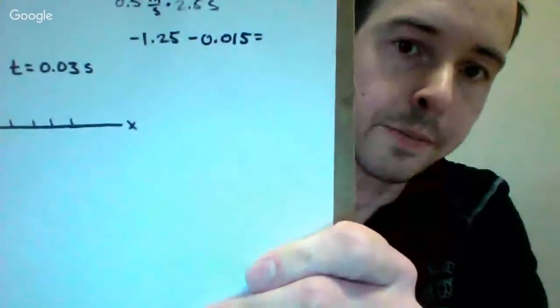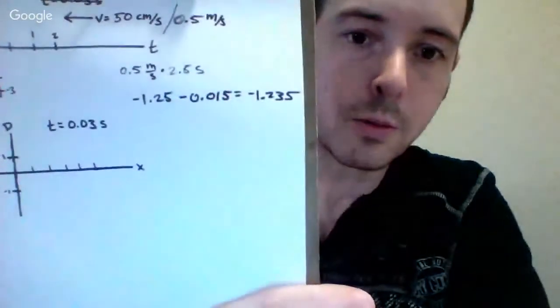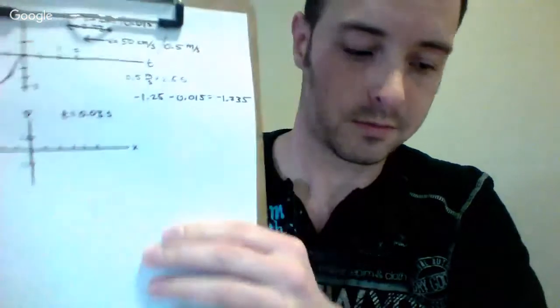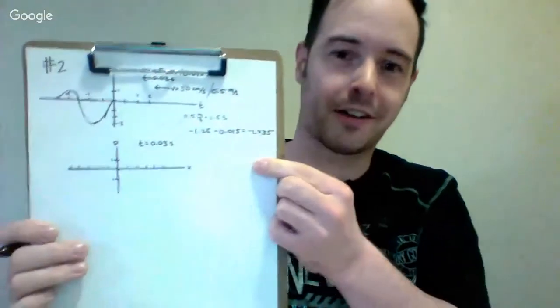So if we go 1.25 meters past 0.015, we're looking at this right there, and that equals negative 1.235. So that's where it's going to start. This snapshot graph, that's where it's going to start.